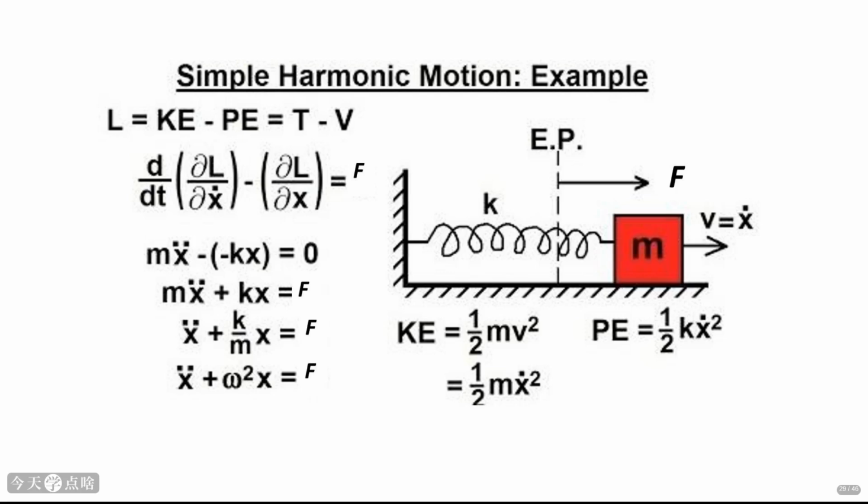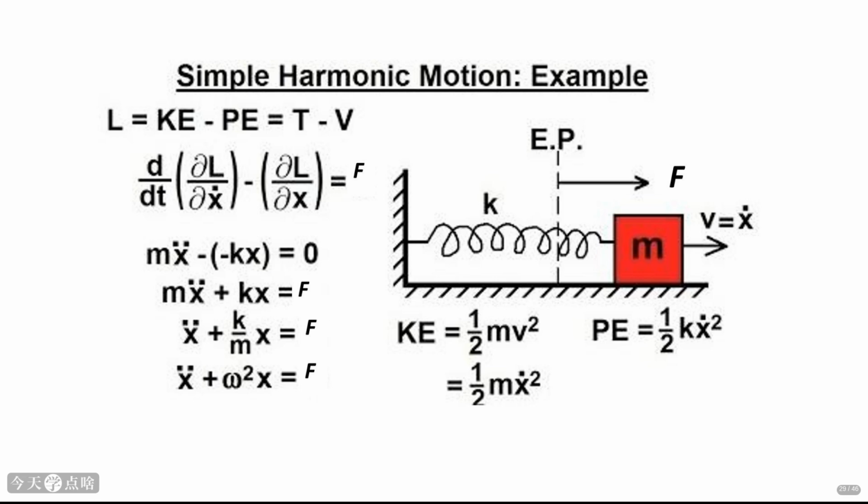Let's apply the Lagrangian method to simple harmonic motion, like a mass on a spring. The Lagrangian is L equals T minus V, where T equals 1/2 mv squared equals 1/2 m ẋ squared is the kinetic energy and V equals 1/2 kx squared is the potential energy stored in the spring.